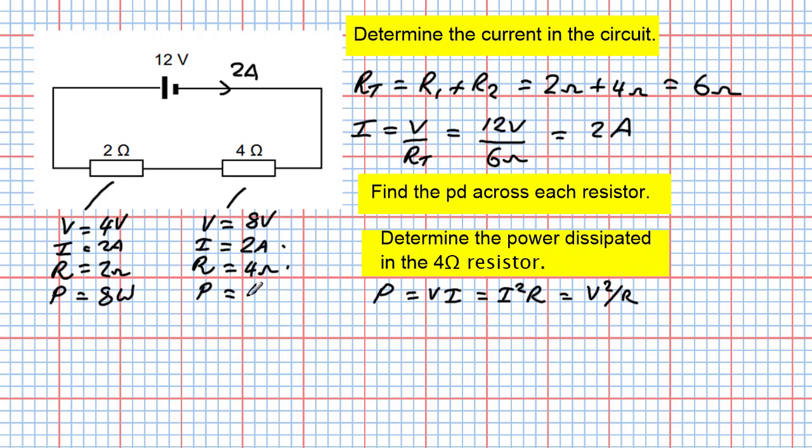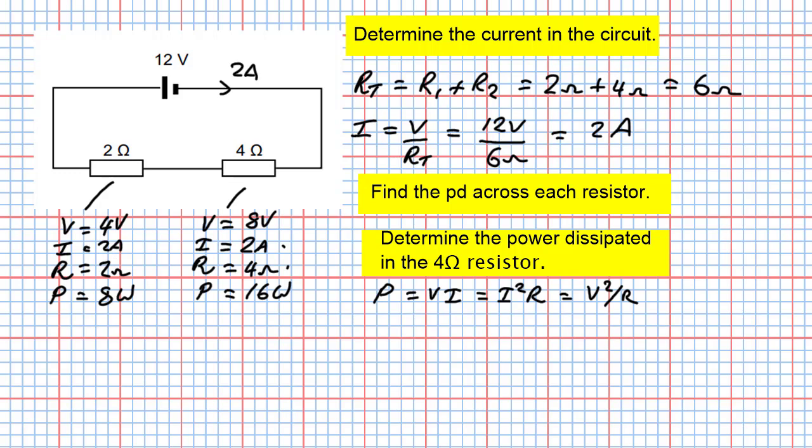So the total power dissipated in that resistor, meaning energy lost over a given time, is 16 watts. That adds up, because the 4 ohm resistor has a bigger resistance, so it's going to soak up double the power, or energy, of the 2 ohm resistor. We can use any of those equations, but keep your work in order so that under the resistor you can see all the data building up.